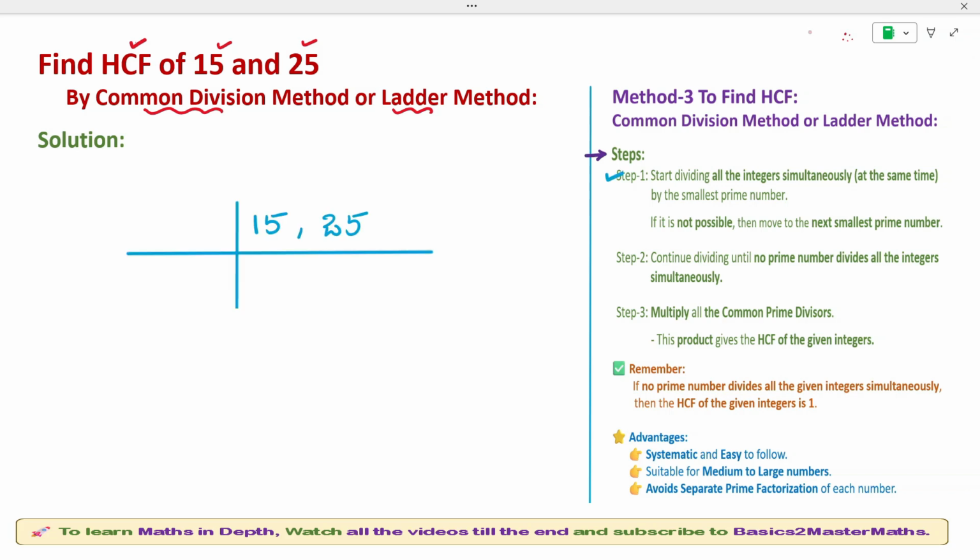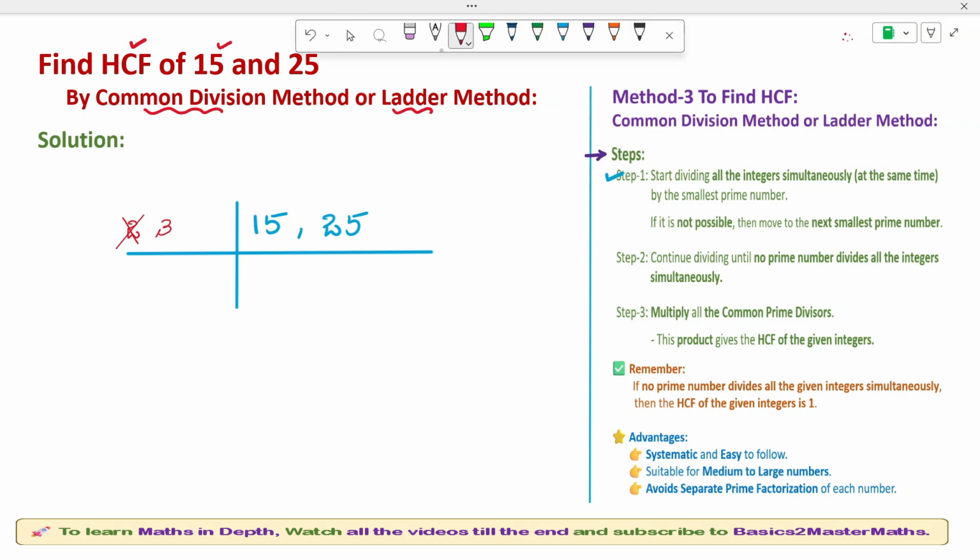Step 1. Start dividing 15 and 25 by the smallest prime, 2. Since 2 does not divide both integers 15 and 25 exactly, we move to the next smallest prime, 3.